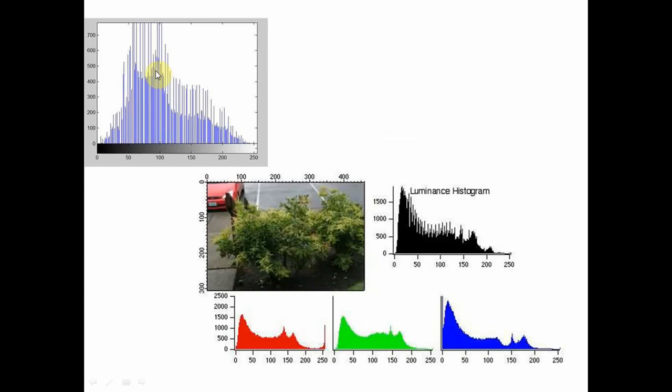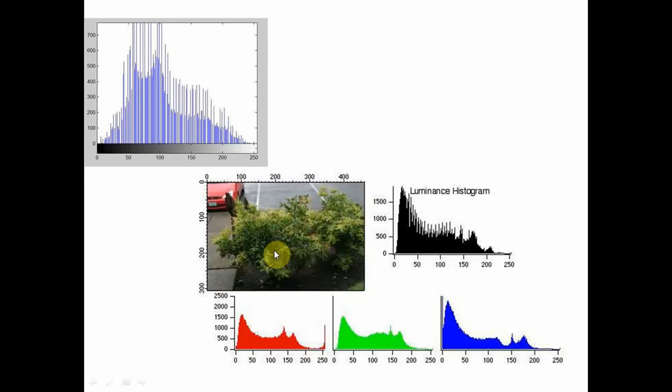Now this shows the histogram of a color image. When we consider a color image, we need to consider the histogram for red, green and blue. So this is nothing but the red color histogram, considering each and every pixel value.